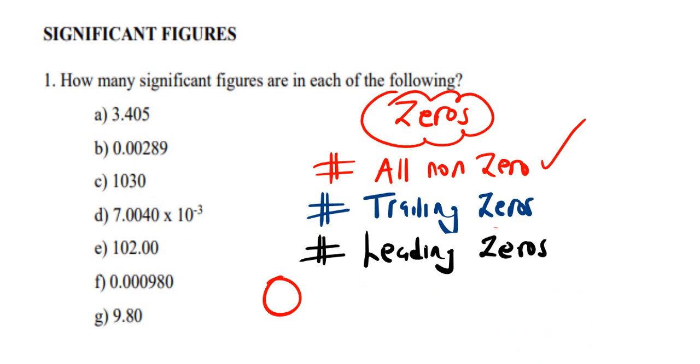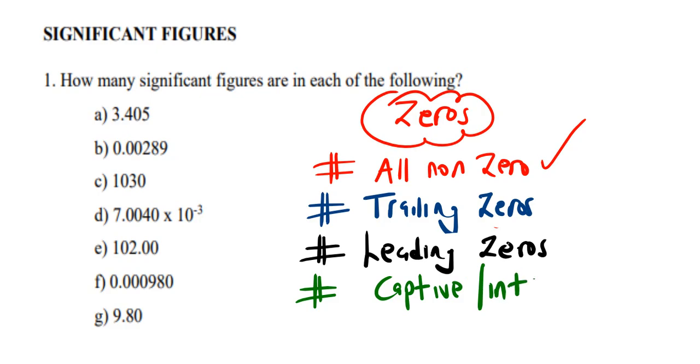Now, what if we talk about other types of zeros? They are what we call captive zeros. Others might call them internal zeros. Just the name itself suggests these zeros will be in between non-zero digits. And all zeros in between non-zero digits are significant.